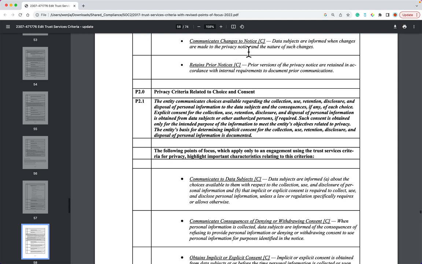And every time you change this notice, you need to let the data subject know.